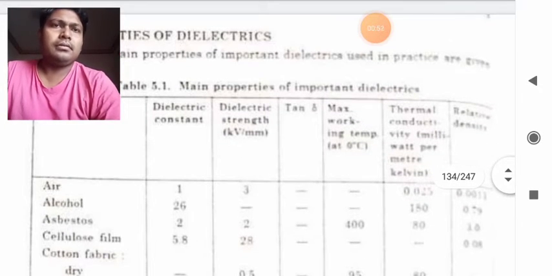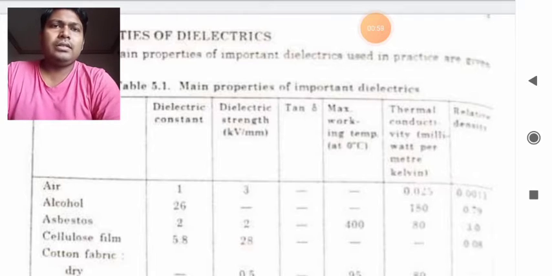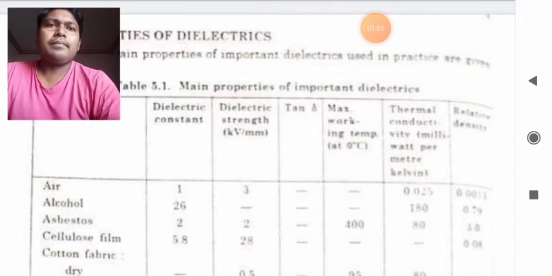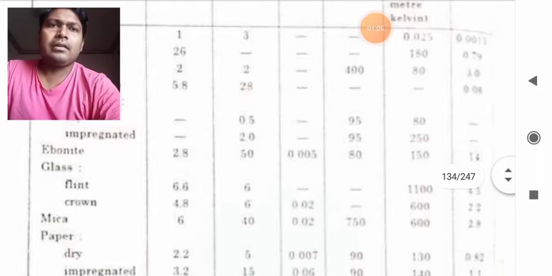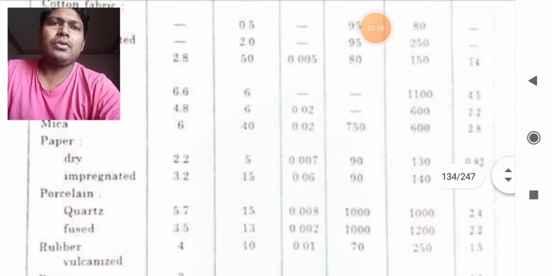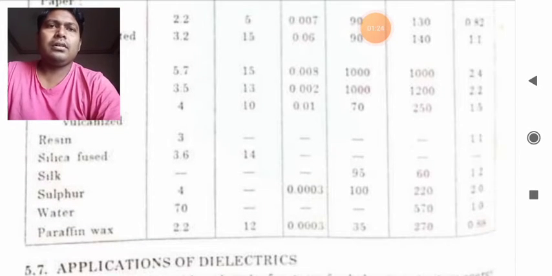Under the material you have air as a dielectric medium, and alcohol, asbestos, cellulose film, cotton fabric, dry impregnated cotton fabrics, ebonite, glass, flint, that is flint crown, mica, paper, dry impregnated, porcelain, quartz, fused, rubber vulcanized, resin, silica fused, silk, sulfur, water, paraffin wax.